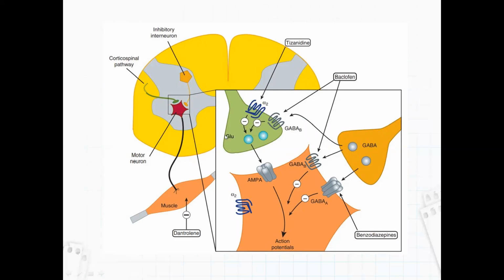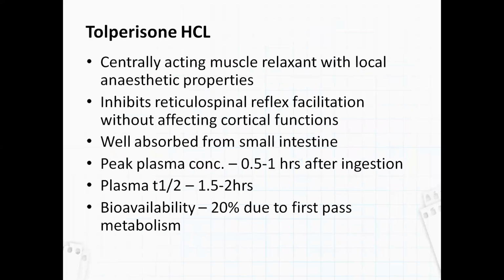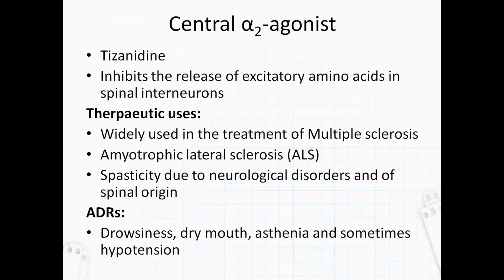This is the excitatory neurotransmitter, right? It is inhibiting here itself, due to which the release of glutamate will not be happening, and that action potential will not be generating. So that's how the central alpha-2 agonist tizanidine acts, and it inhibits the release of excitatory amino acids in spinal interneurons, as we saw in the diagram. That excitatory amino acid is glutamate.